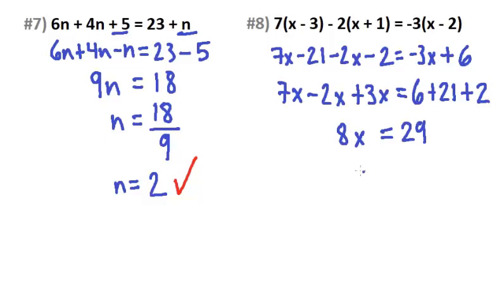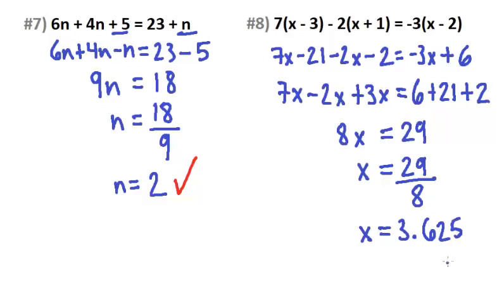The opposite of multiplication will be division. So I pass the 8 to divide. It will be 29 divided by 8. Now 29 divided by 8 equals 3.625. That will be the answer for this exercise. And that is how we solve some more complicated linear equations.